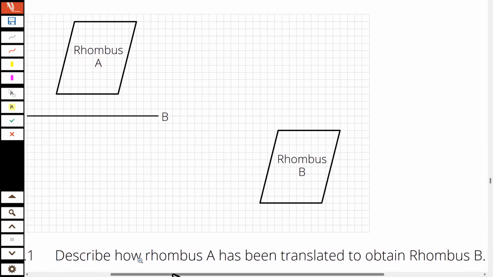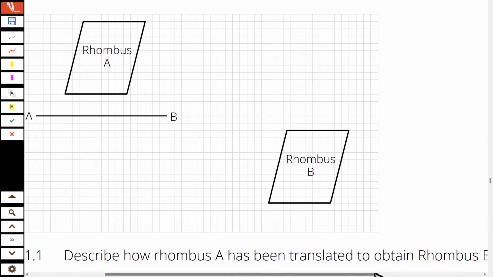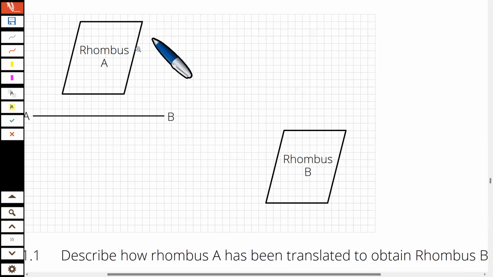Okay, here's the question. Describe how the rhombus A has been translated to obtain rhombus B. How was rhombus A translated to obtain rhombus B? Here is rhombus A and rhombus B. What do you think happened? Right, I'm giving you 2 minutes, and then we're going to discuss the answer.